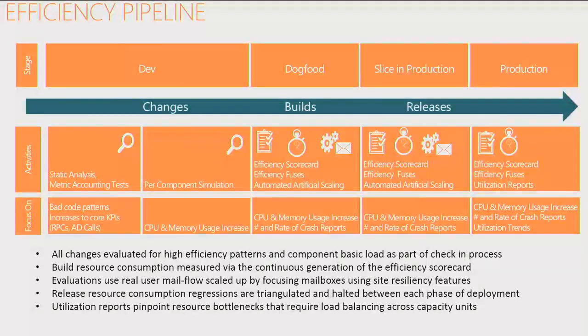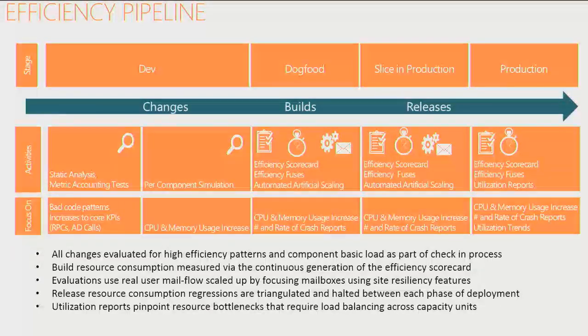So we try and catch egregious issues, things that we know are going to cause really big problems in production, before they even get into the build. And then these latter stages are actually done using real user production load. We don't simulate anything. We set up this set of gates that we have to go through where we actually have the real user production that we're evaluating. So it allows us to trust the data much more, and actually allows us to set up these gates.